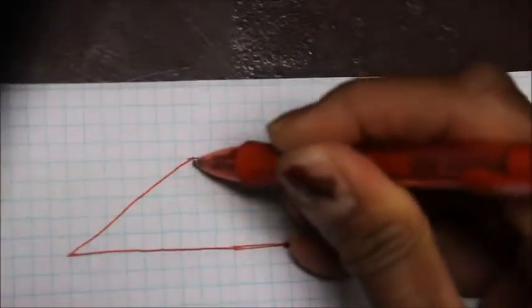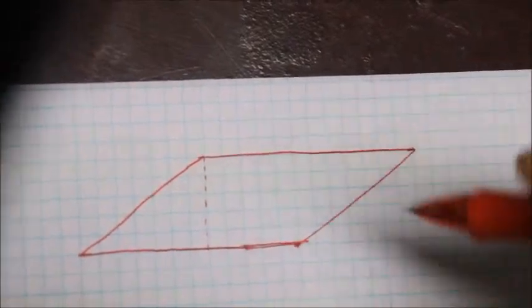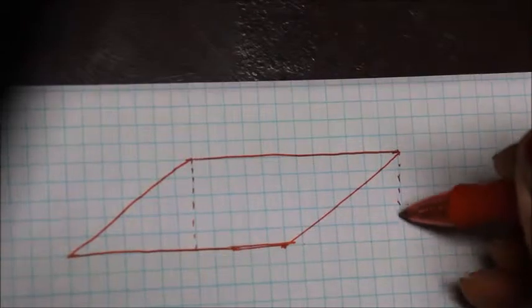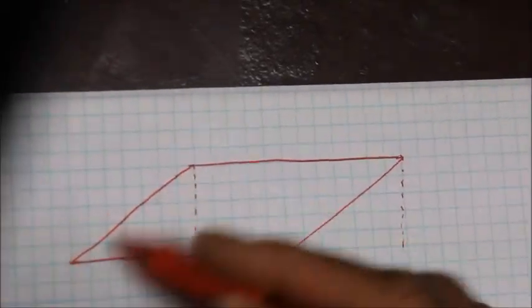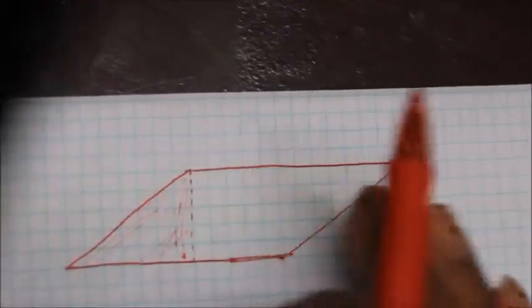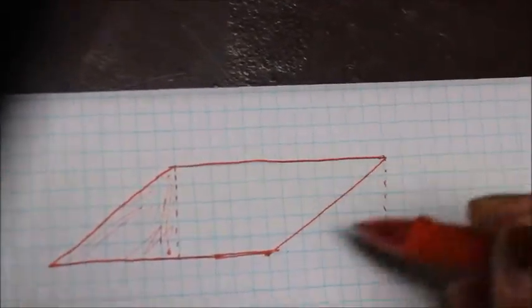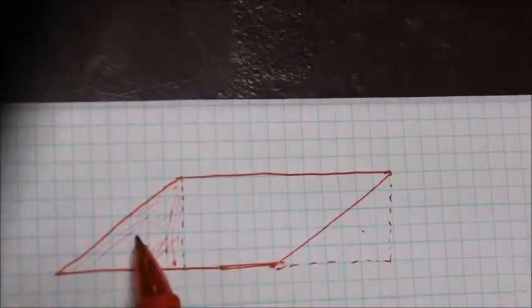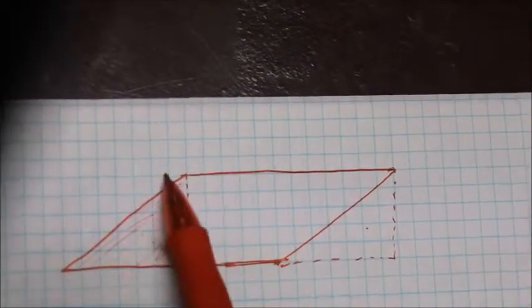But what's nice about parallelograms is that I can sort of convert them into a rectangle. I could take this part, cut it off, and then move it over here, because this is exactly the same size as that.